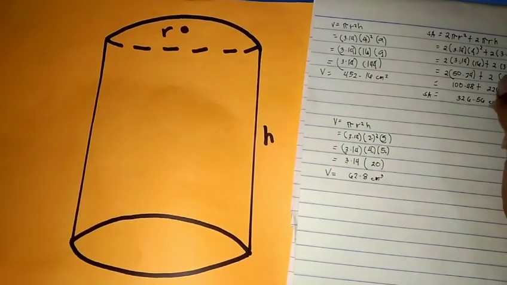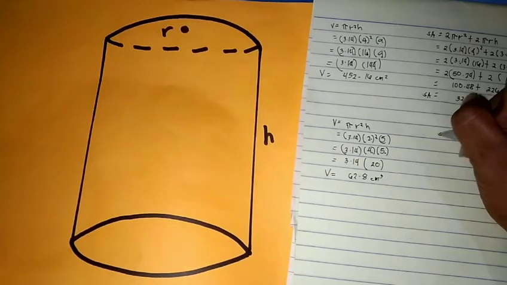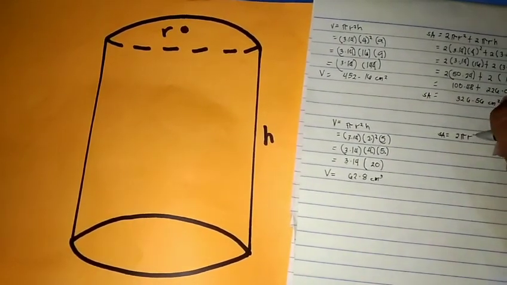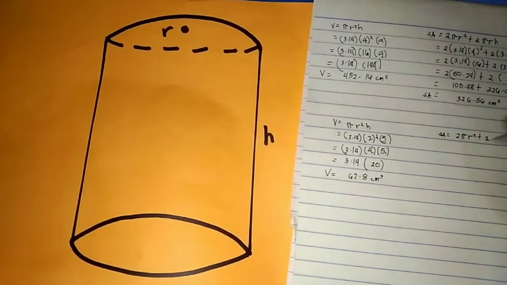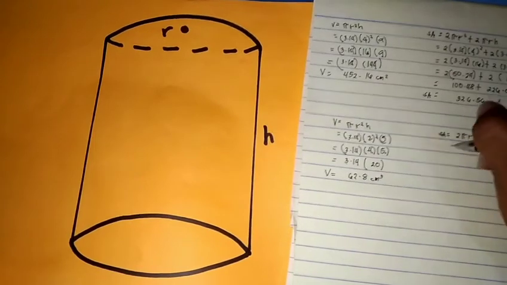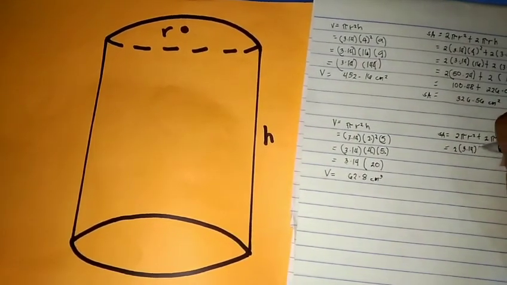And in getting its surface area, the same values we are going to use. Follow the formula of SA is equal to 2 multiplied by pi times radius squared plus 2 multiplied by pi times radius times height. Copy the 2. The value of pi is 3.14.